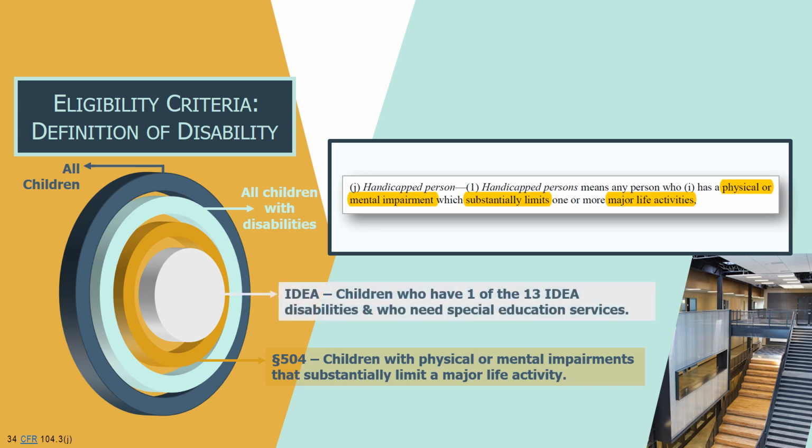The inner white circle also represents a portion of students in the school that have a disability. These students meet the definition of disability under IDEA and are therefore served under that statute. This circle is within the Section 504 gold ring because these students also gain protections under Section 504. Students served under IDEA gain the anti-discrimination safeguards under Section 504 because they also meet the Section 504 definition of disability.